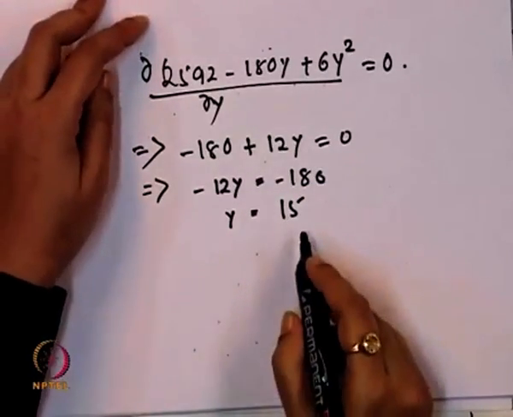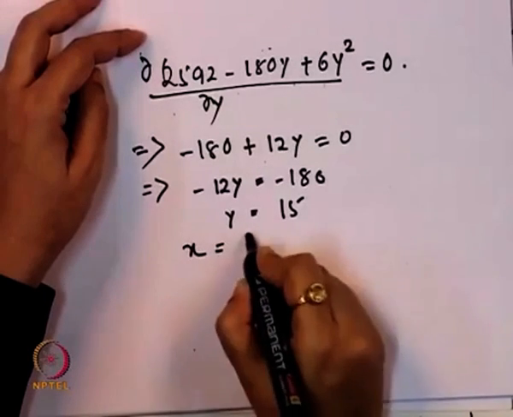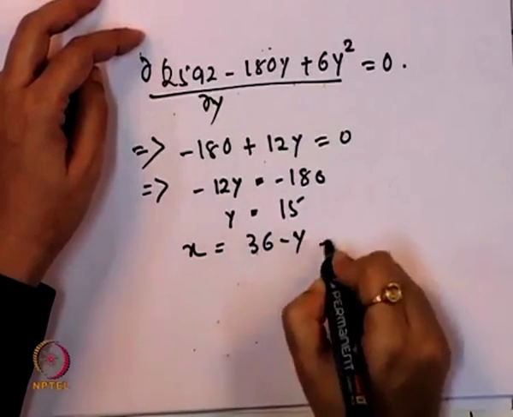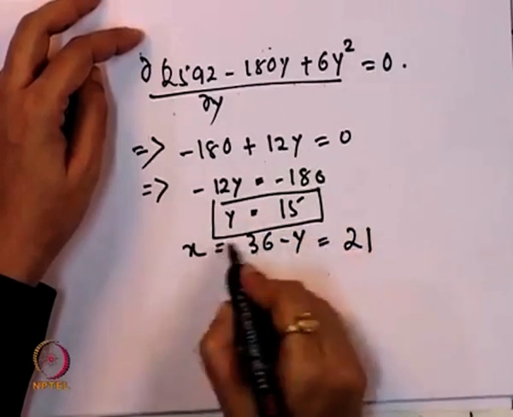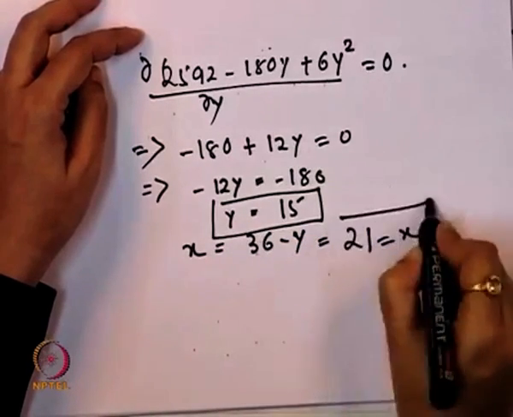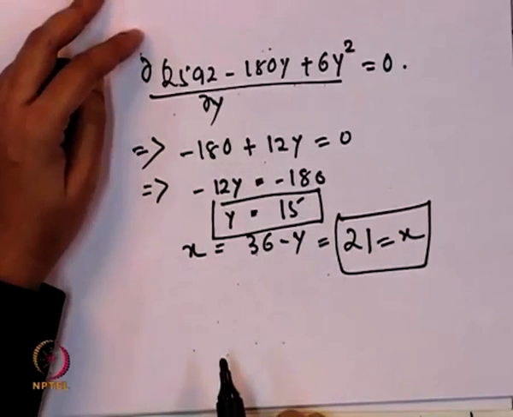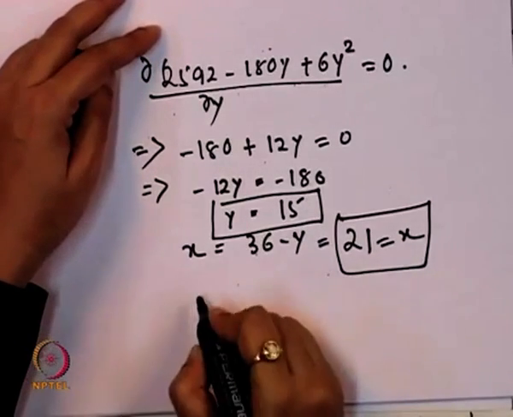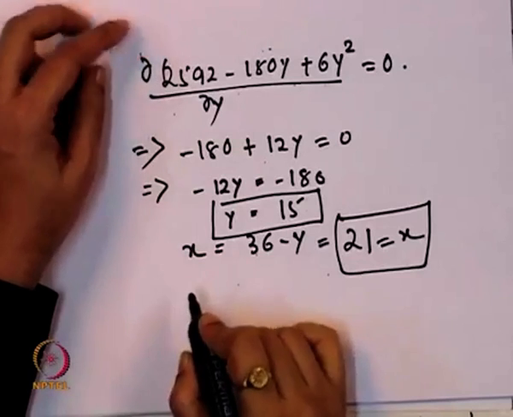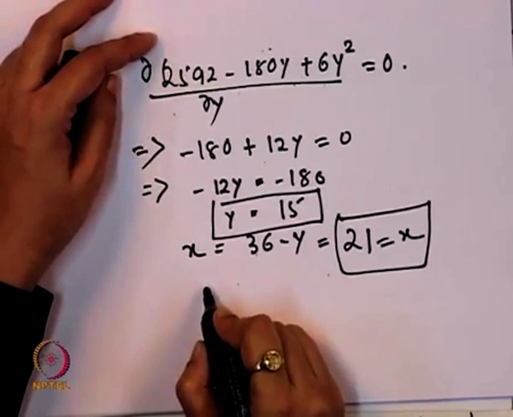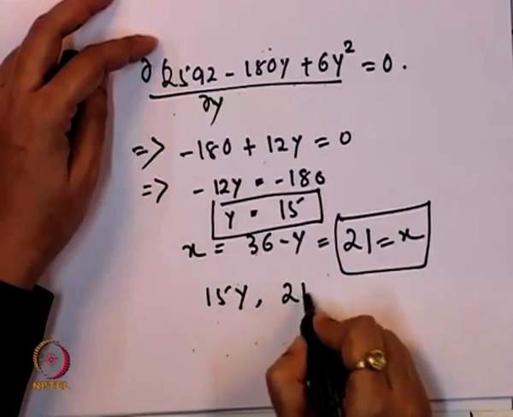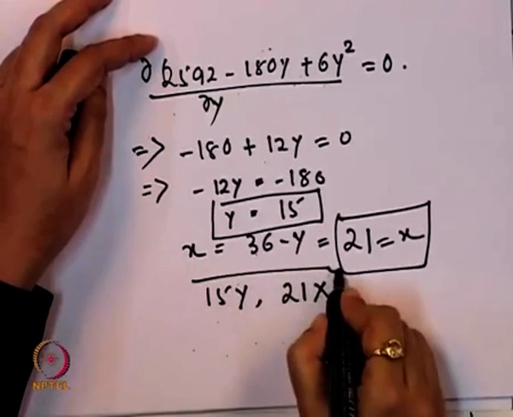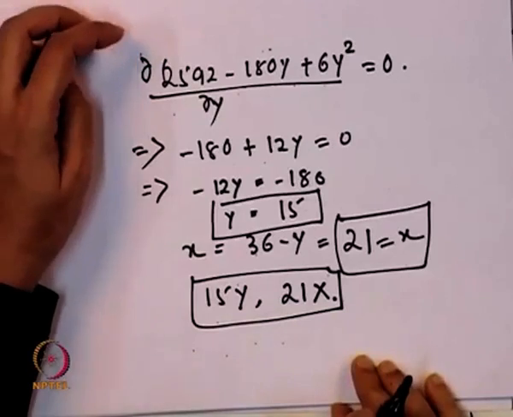And if y is equal to 15, then x is equal to 36 minus y, which is equal to 21. So y is equal to 15, x is equal to 21. Now this is the optimum combination. The firm should produce 15 units of y and 21 units of x, and this is the optimum combination for the firm.